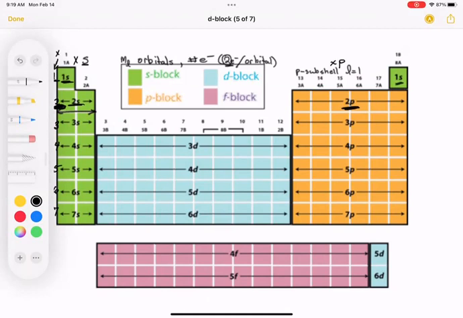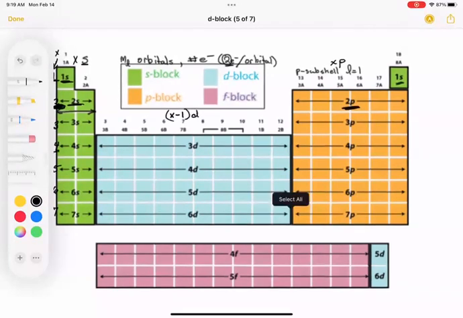The Ds, now this group is called the X minus 1 D group to get to its end value. So this one is in period 4. 4 minus 1 D is equal to the 3D.